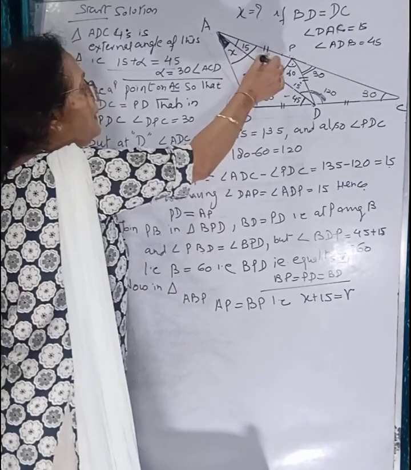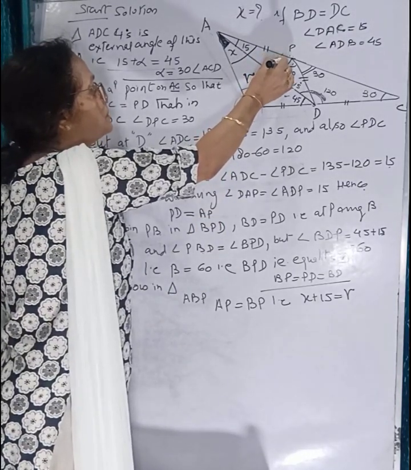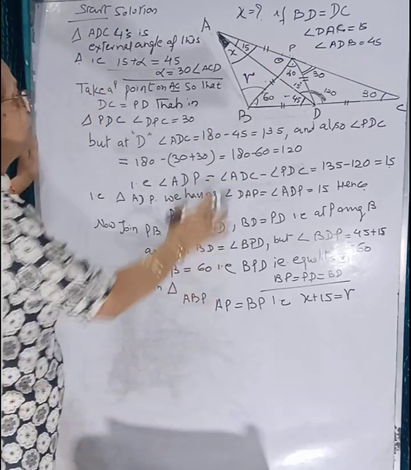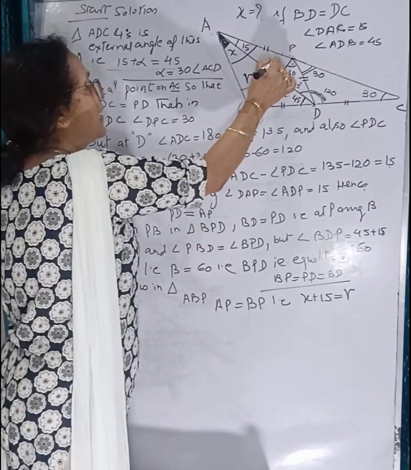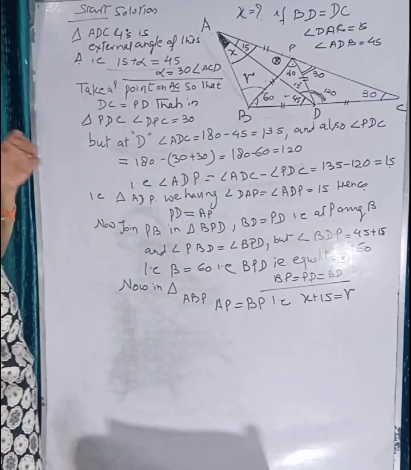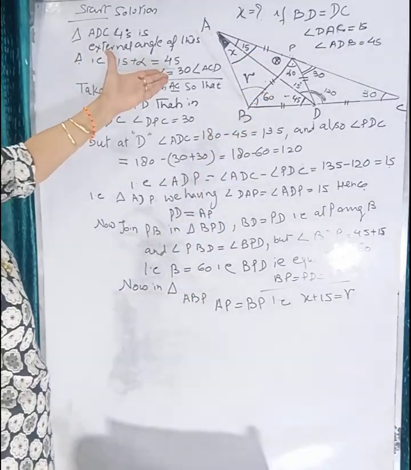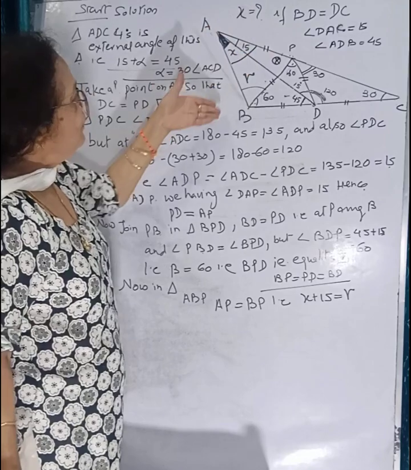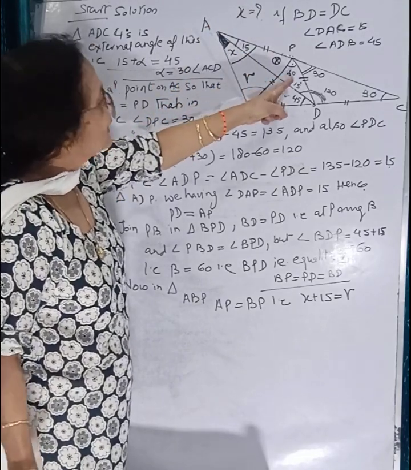And what about this angle? इस एंगल के बारे में क्या कहें? Angle APB will equal 90 because this is 60, this is 30.